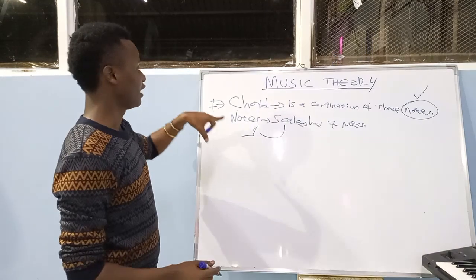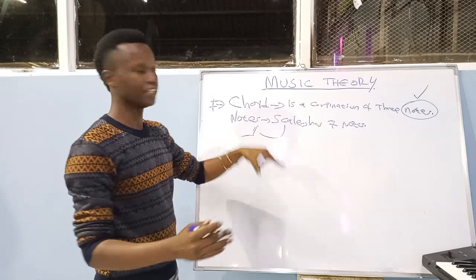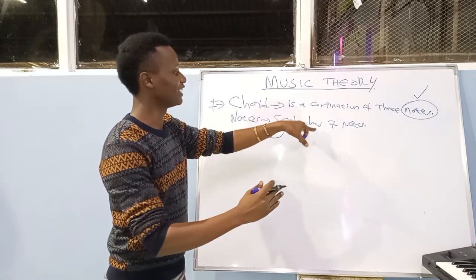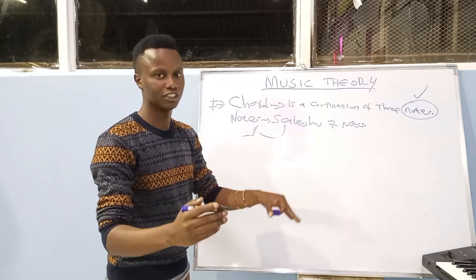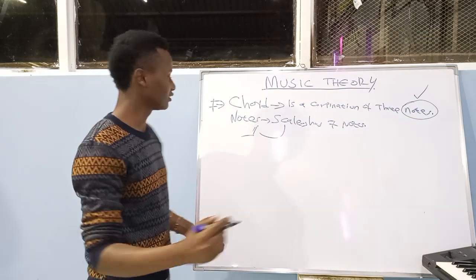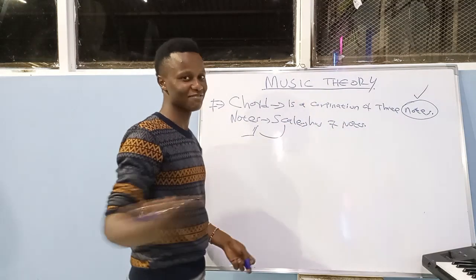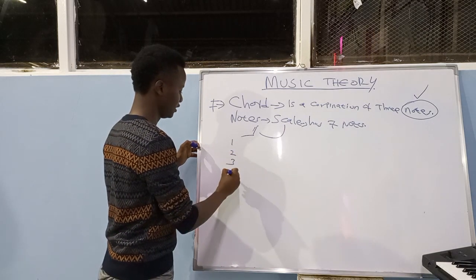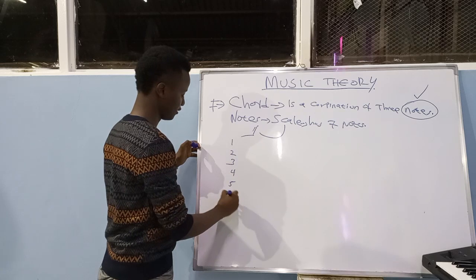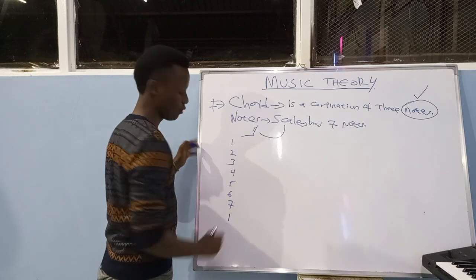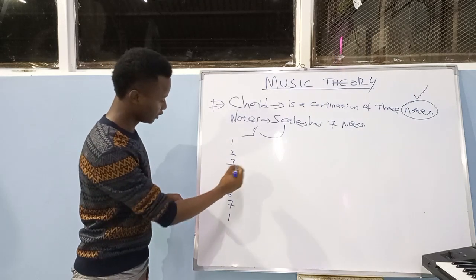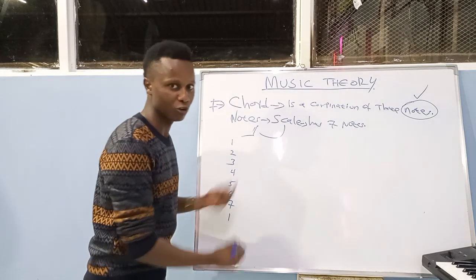The notes themselves come from scales, and a scale is made up of seven notes, which we obviously name as 1, 2, 3, 4, 5, 6, 7, 1. So we move from 1 to 7, then we go back to 1.